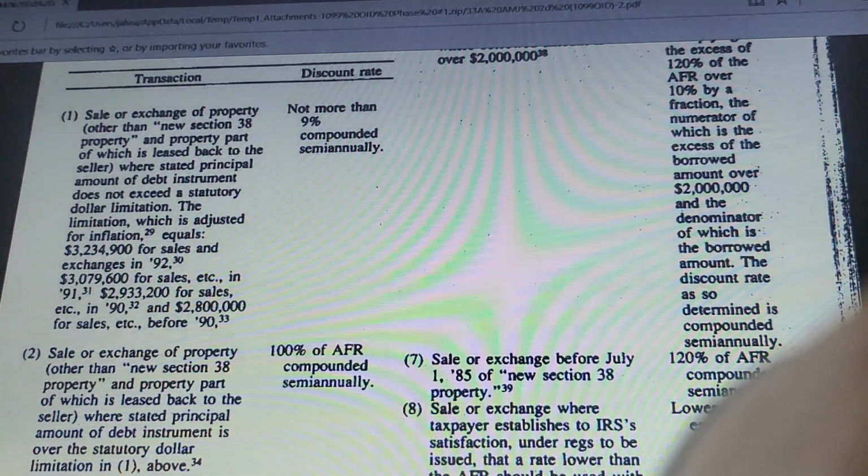And the discount rate for number 1 would be not more than 9% compounded semi-annually.